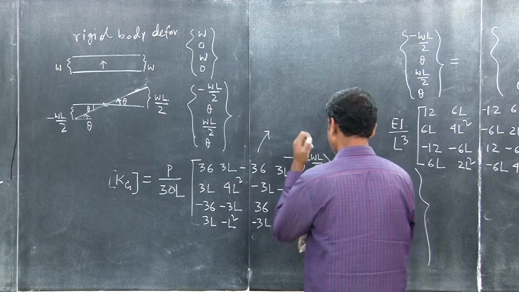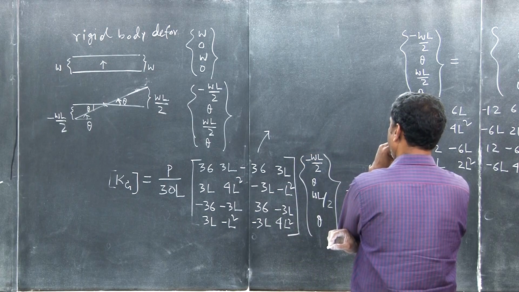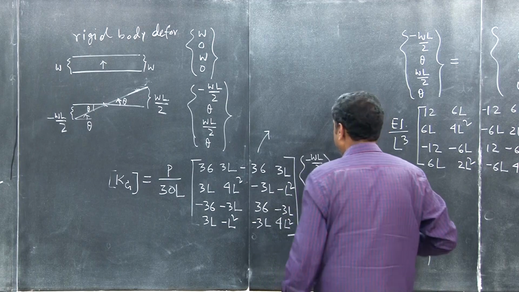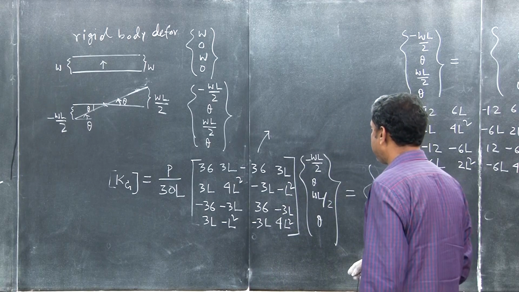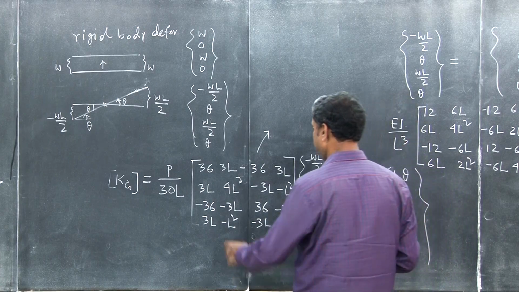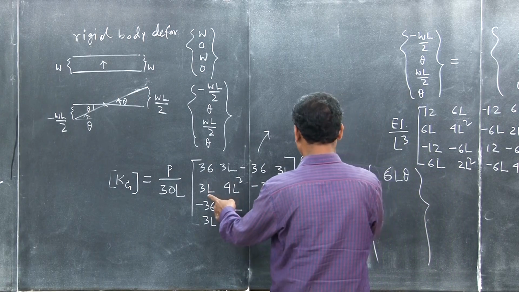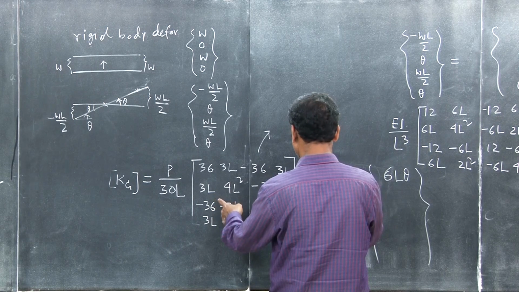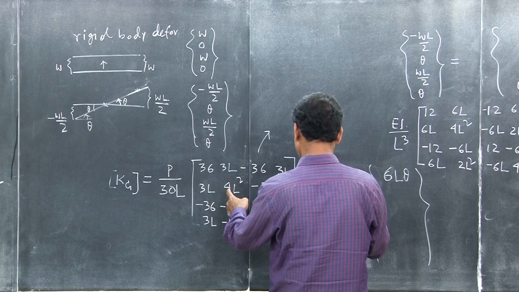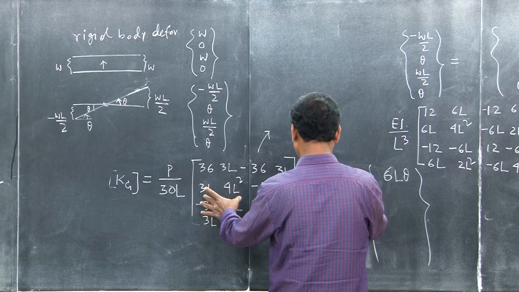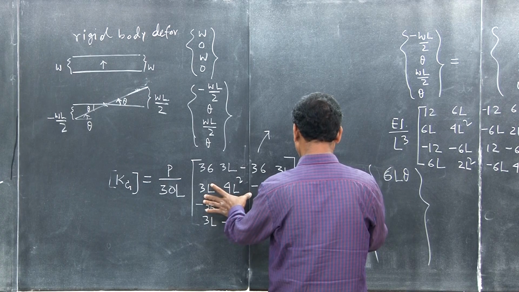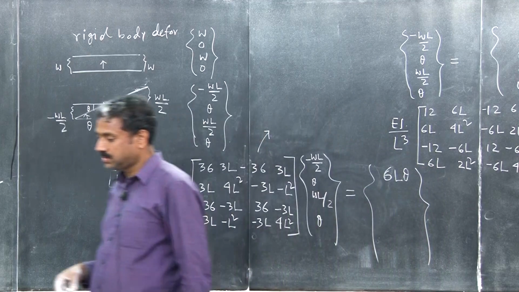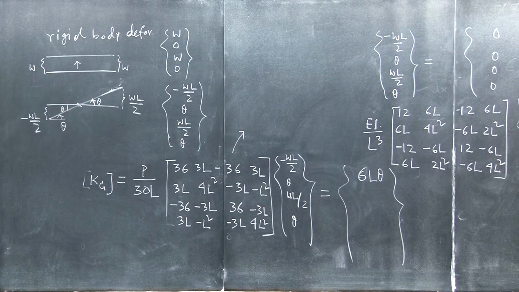So 3L theta, 3L theta. So 6L theta. Three 6L theta. What about this? Minus 3 WL square by 2, or else this 3L into this and then 4L square. So I will just directly write, okay, minus 30 and 30.